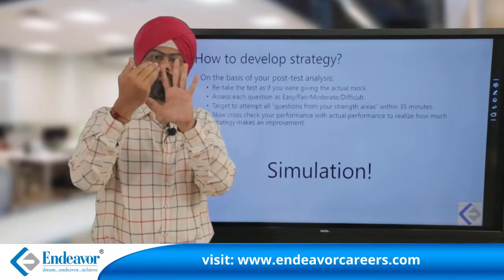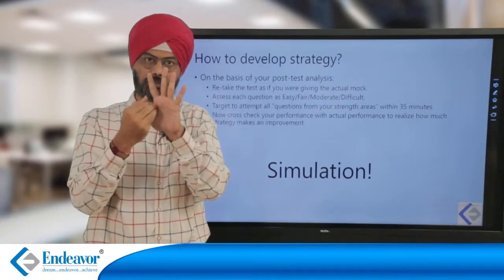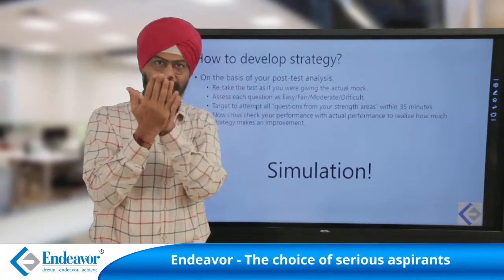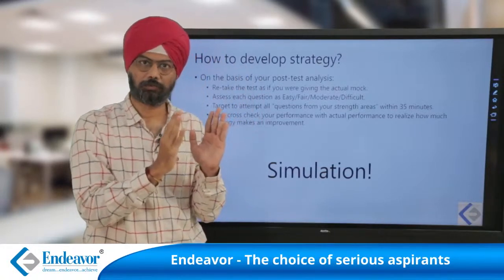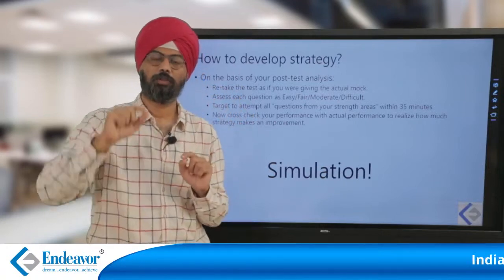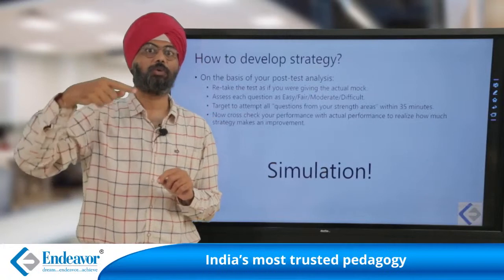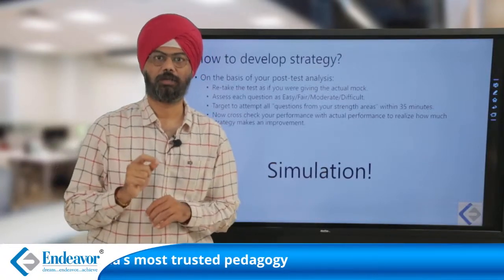I know what I should have done during the test, but I did not. So what does that tell me? That tells me the problem is identified. I understood what I could not do. Will I be able to do it in the next test? Will I be able to implement it? That's where simulation comes into play.